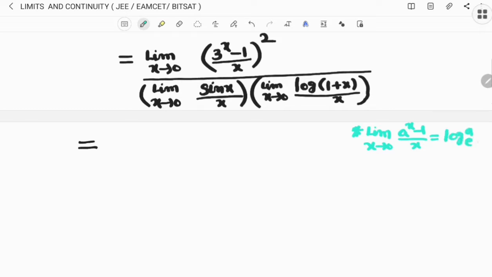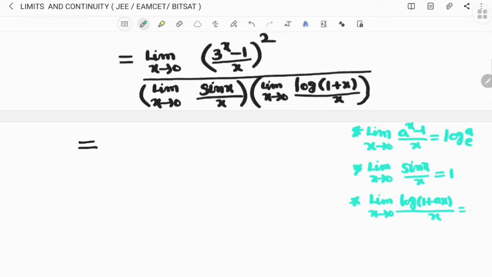This formula we are going to apply. One of the formulas is the standard one, limit x tends to 0, sin x by x is equal to 1. And third one, limit x tends to 0, log of 1 plus ax divided by x is equal to a.